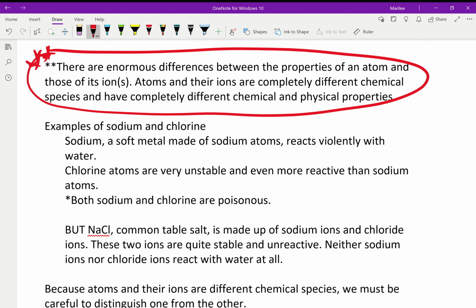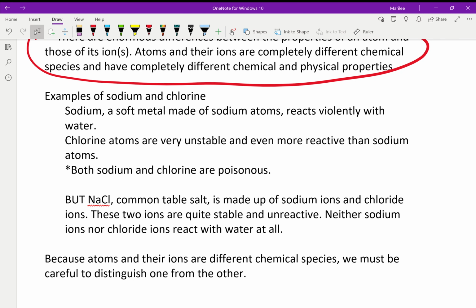sodium is a soft metal, right, made of sodium atoms. It reacts violently with water. And then we have chlorine atom, which is very unstable, and it's even more reactive than sodium atoms. If we have them each separately, they're very dangerous, right? They're poisonous. But sodium is Na, chlorine is Cl, right?